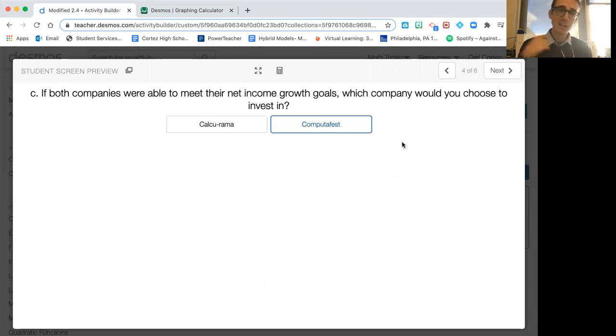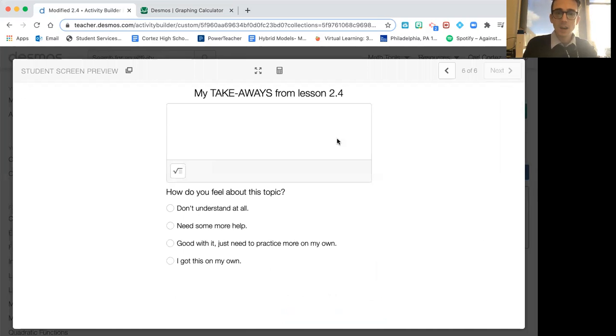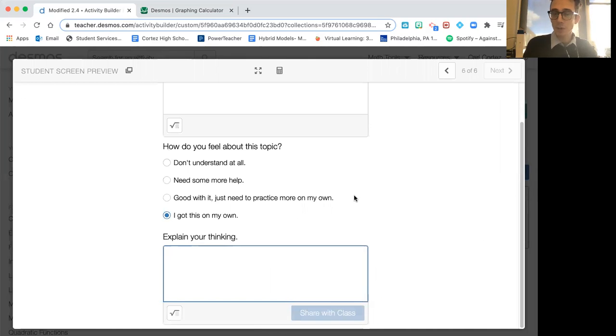Computafest goes harder. Calcurama is just an amateur, just adding up the 0.5. Computafest is being a real G, multiplying its money by 1.15, depending on the number of years. All right, that's it. That's all I got. I'm crushing it. I'm good on my own. Explain my thinking. I think I know what I'm doing.